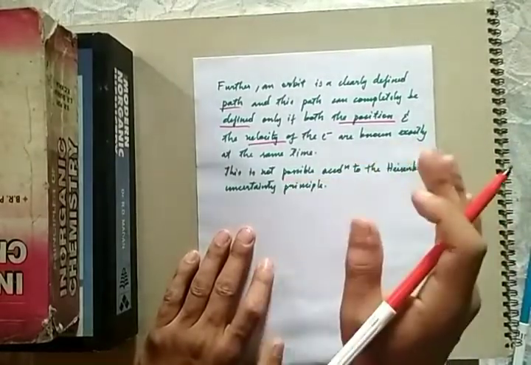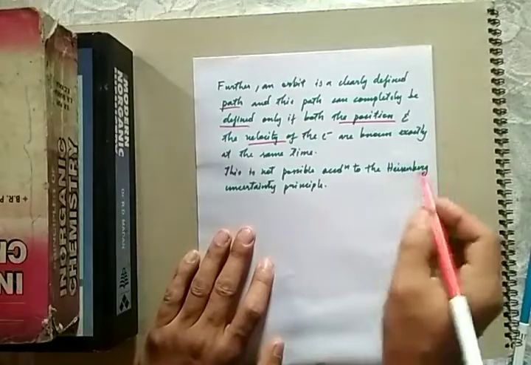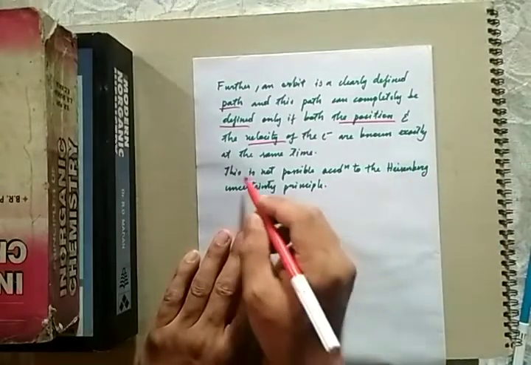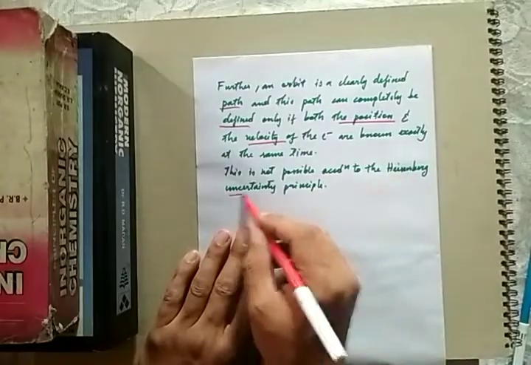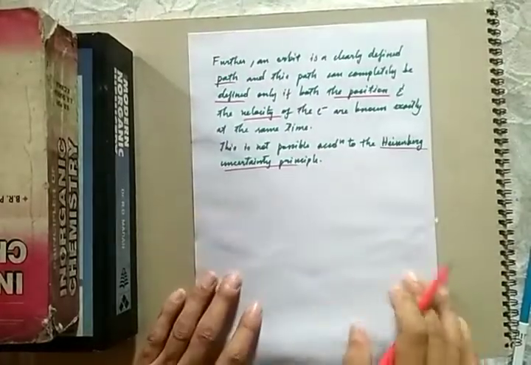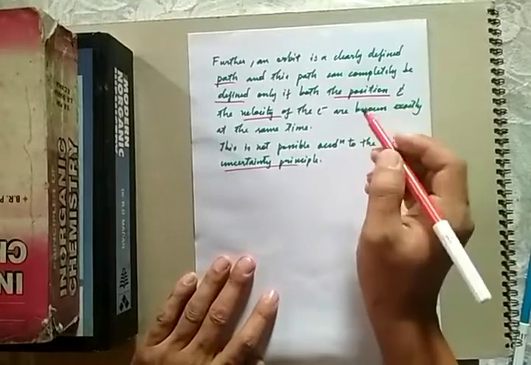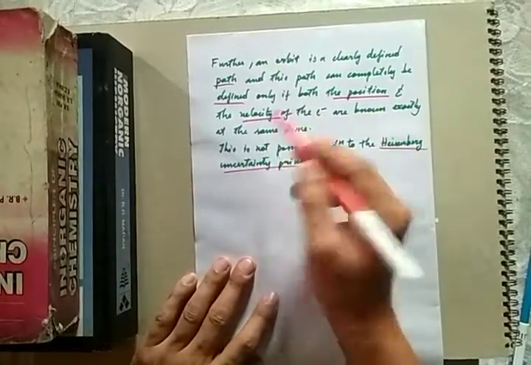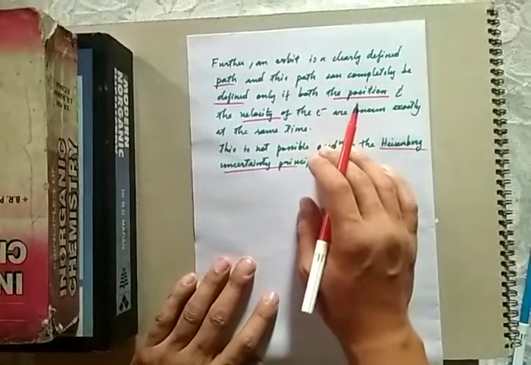It is given by Heisenberg as the uncertainty principle. This is not possible according to the uncertainty principle. It is not possible to define the exact position and the velocity of electrons.